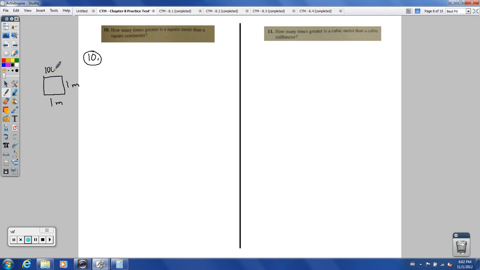This would be 100 centimeters, because that's equivalent to 1 meter. This would be 100 centimeters. So how many times bigger is this 1 meter squared right here compared to the units in centimeters? This would be 100 times 100, which is 10,000. So we have 5 digits or more here, leave a space after 3 digits, and so this would be 10,000 times larger.